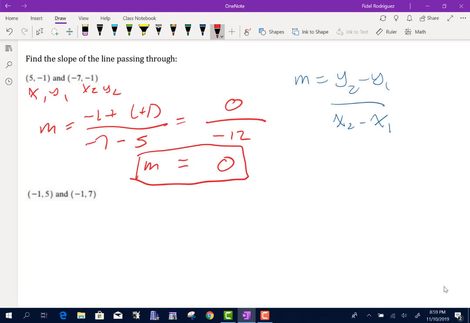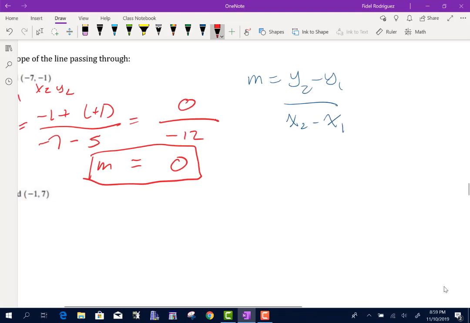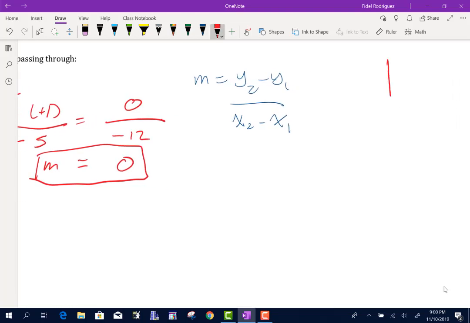So even though it didn't ask me to draw the picture, I'm going to draw the picture over here. I'm just going to kind of shift a little bit so I can do something a little straighter.